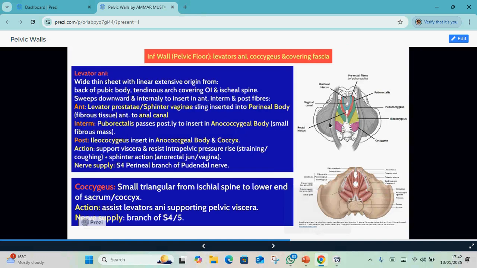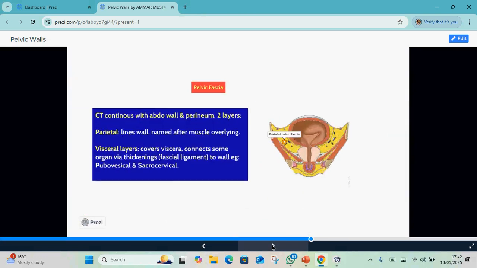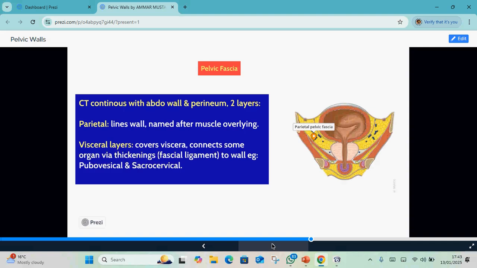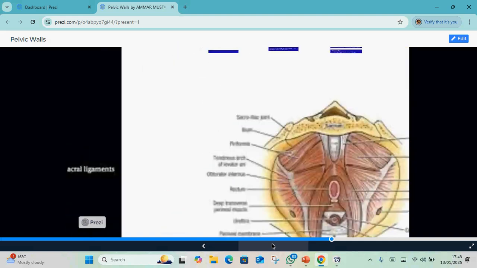Then we spoke about the inferior wall or the pelvic diaphragm, the levator ani muscles, and the two parts of the levator ani muscles and the coccygeus muscle posteriorly, and the functions. And about each muscle, as we said last time, we should know the origin, insertion, nerve supply, blood supply, including arterial supply and venous drainage and lymphatic drainage, as well as the action of the muscle.